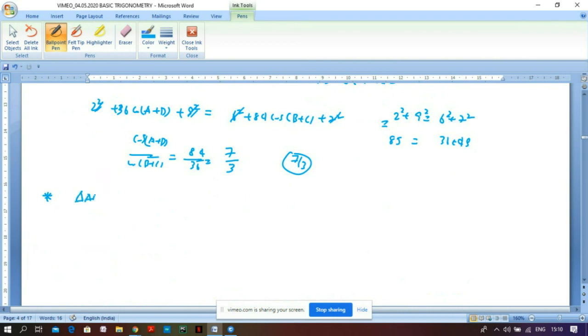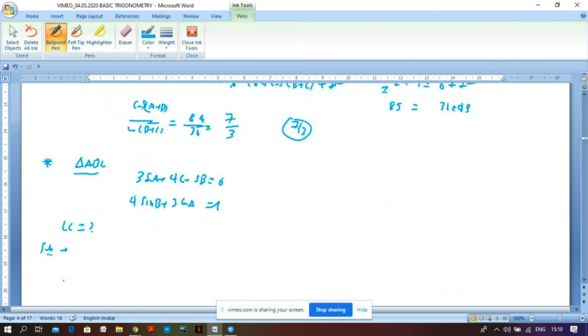So in triangle ABC, you have got 3 sine A plus 4 cos B equals 6, and 4 sine B plus 3 cos A is 1, then find angle C. Or maybe in a multiple choice question, you can be asked more than one correct answer type, that how many values of C are possible. Then that would trap you, because this is a problem which requires some analysis.